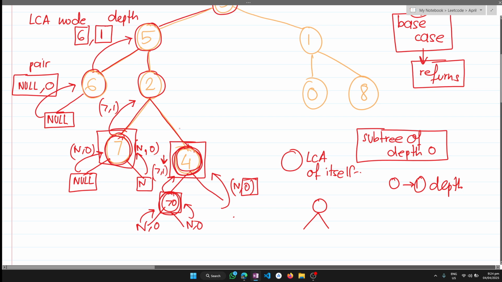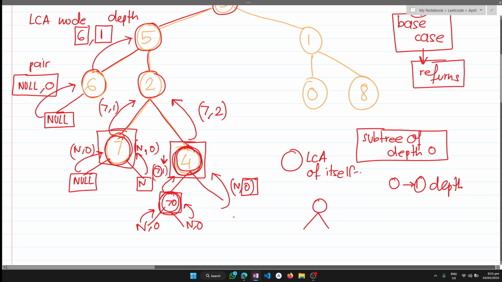So what am I going to return from 4? First of all, I am going to compare the depths 1 and 0. The depth of the left subtree is clearly greater. So I'm going to take this 7 and increment the depth by 1. 7 comma 2 is what I'm going to return to 2.